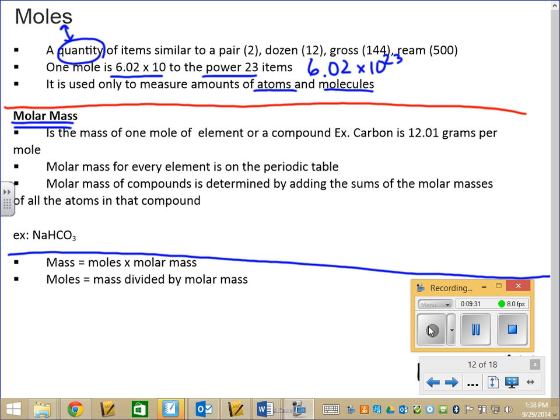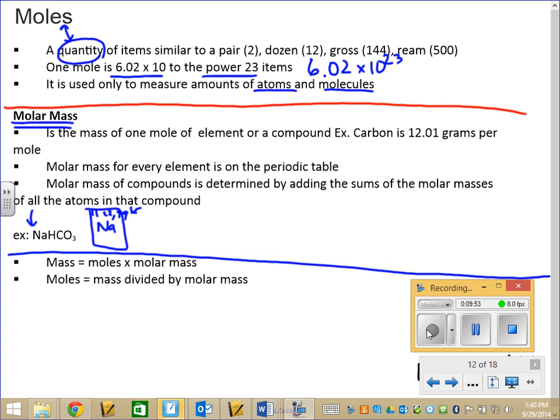For example, carbon is 12.01 grams per mole. The second point says the molar mass for every element is on the periodic table. And the third point tells you how to get the molar mass of a compound.